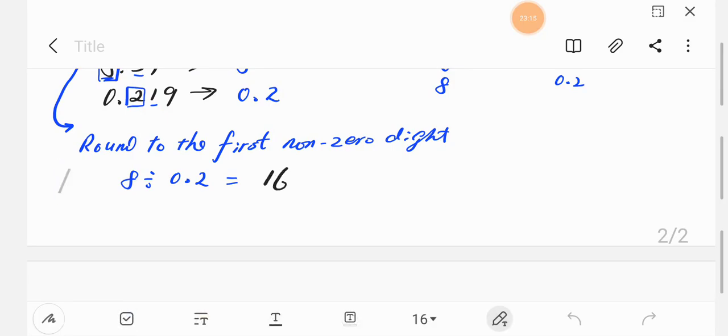But this is 16, but since there is one decimal place, move the decimal point. So the result must have one decimal place, right? Okay, so 1.6 is the result of this estimate.